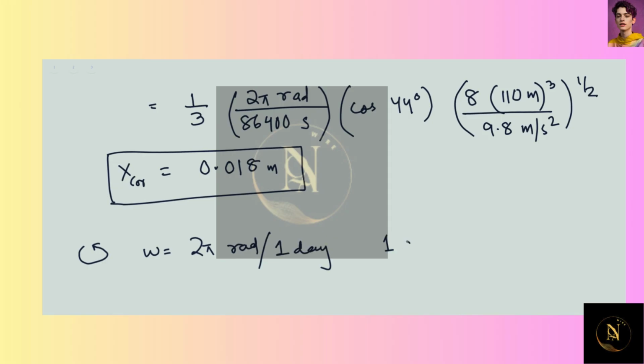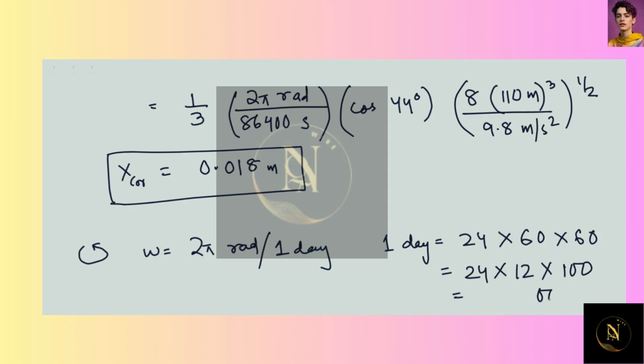And if you do the calculation, 1 day is 24 hours, 60 minutes, and 60 seconds, which in fact equals 86400. So you have this many seconds in one day, and that's what we did over here.